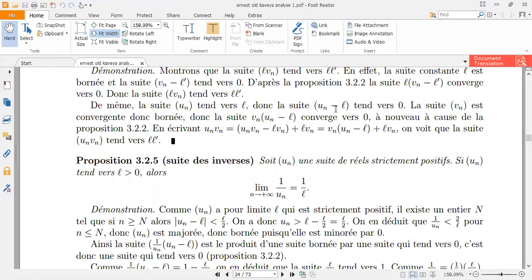Yes. Or you're wondering where this has come from? Yeah, because the L is representing the Un. The L is representing the limits. This L here is the limit of Un here.